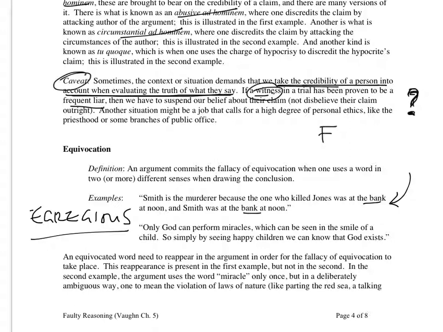And it would be an equivocation if the one who killed Jones was at the money bank, all right? But it turns out that Smith was at the riverbank. I'm just going to draw those squiggle lines to indicate that we're talking about a river here.